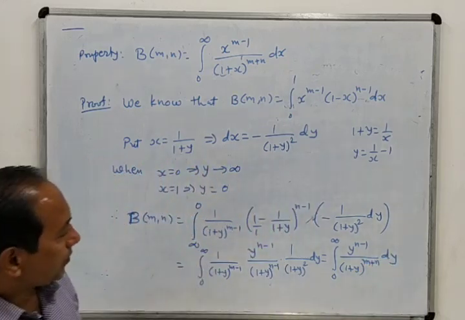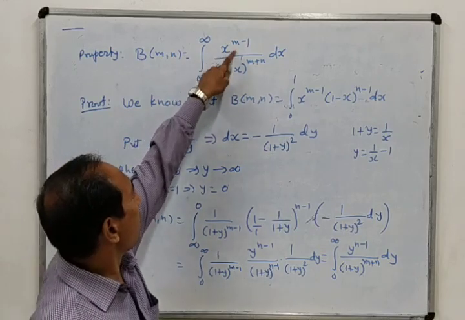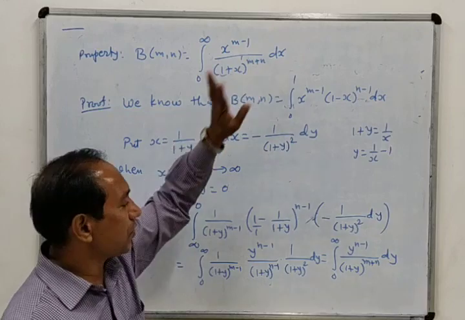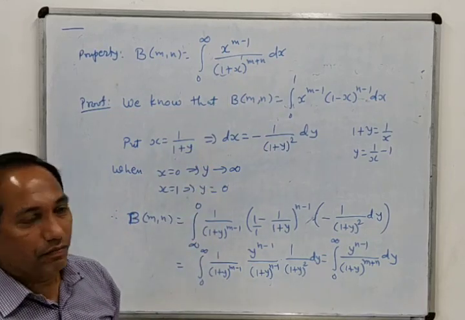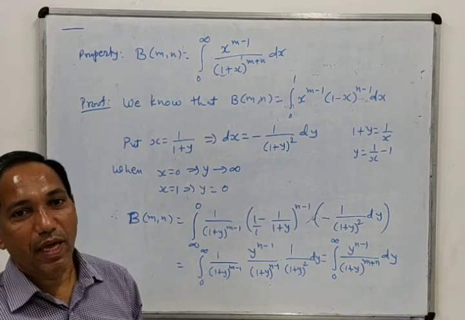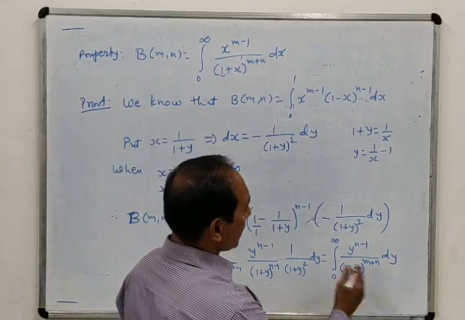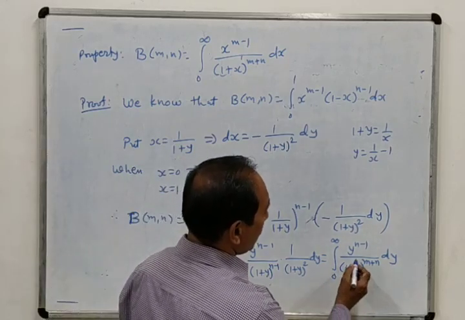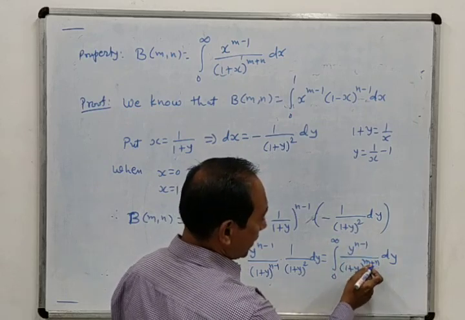Okay. So now see, this is the result we have obtained. But actually we want here x raised to m minus 1 divided by (1 plus x) raised to m plus n. But we know that it is equal to beta(m, n). But we know that beta(m, n) equal to beta(n, m). So if we interchange the role of m and n, we will get here m minus 1 and here n plus m.